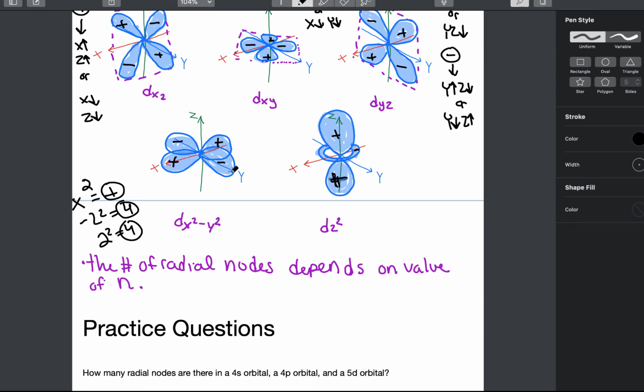However, the y region, or the y-axis, is always negative, and that's because you have a negative sign in front of the y squared term. So even though if you have, let's say, -2 squared, that will equal 4, you have this negative sign in front of the y squared, so you will always get a negative number for the y term.